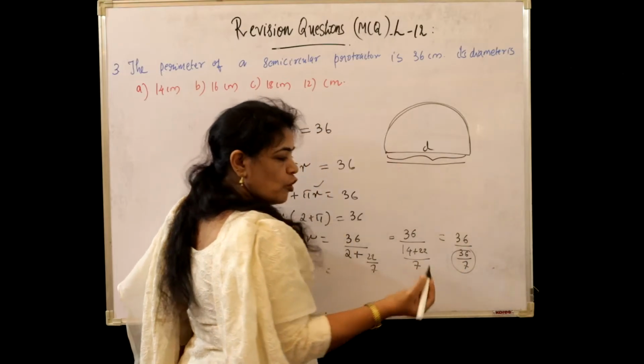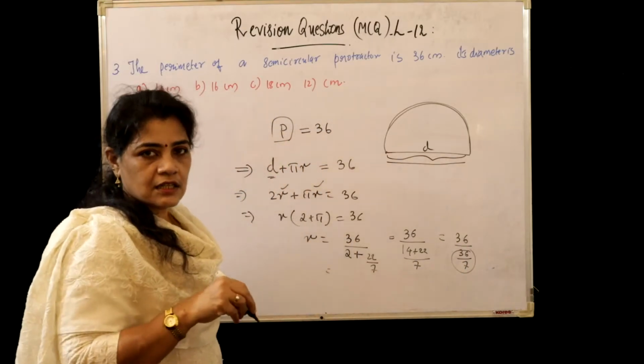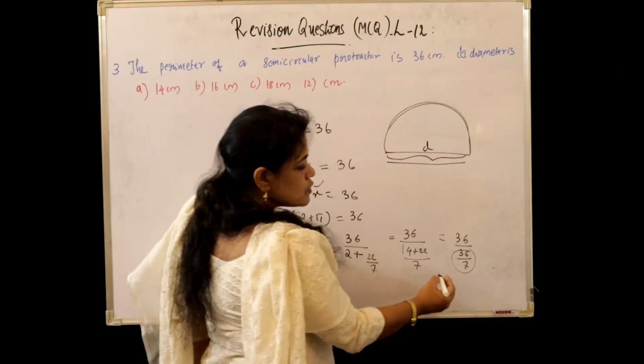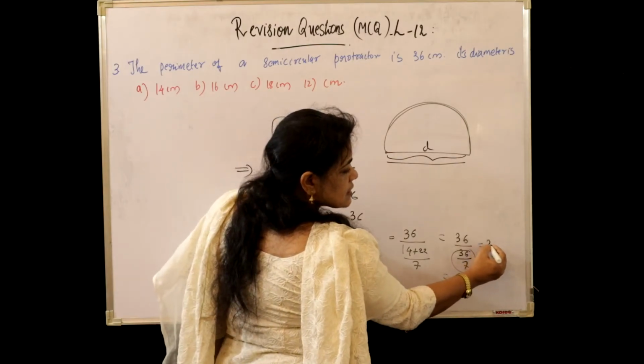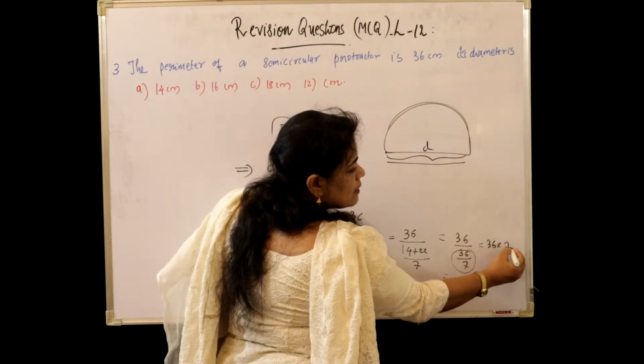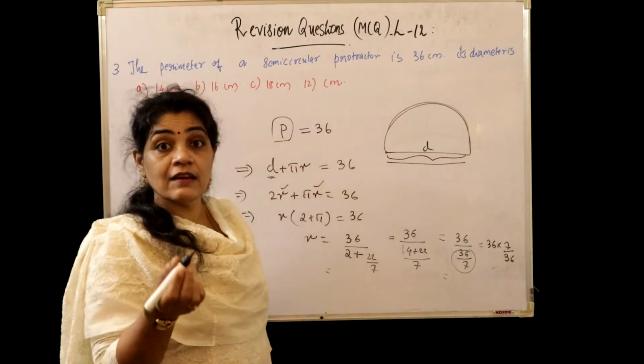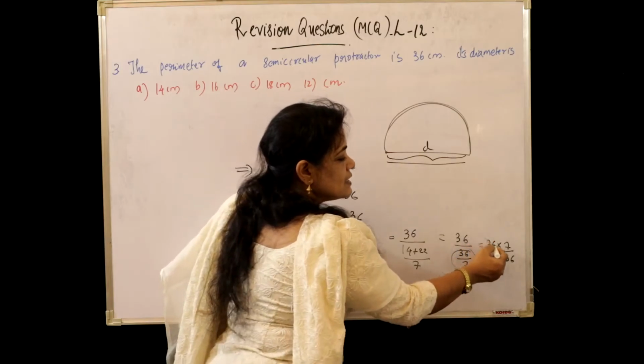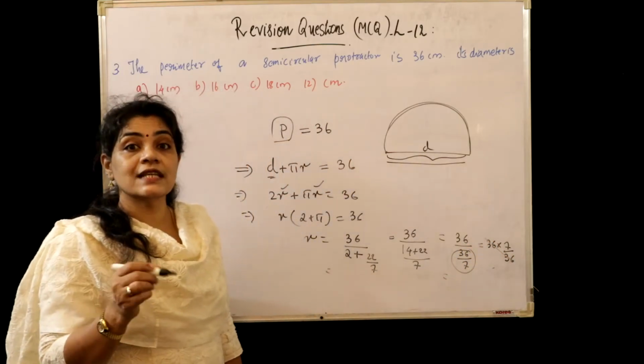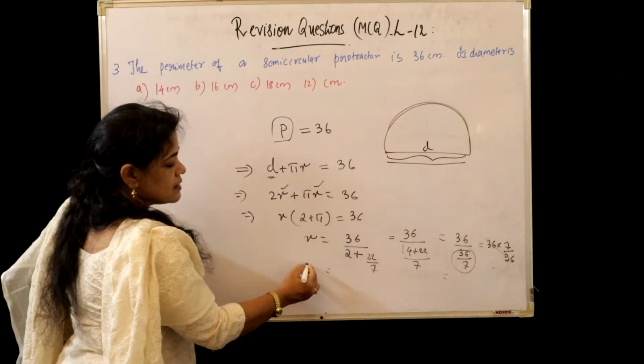So the denominator is a fraction. So take the reciprocal and multiply. So 36 into 7 by 36. The reciprocal of 36 by 7 is 7 by 36. So 36 gets cancelled. So 7 is the radius.